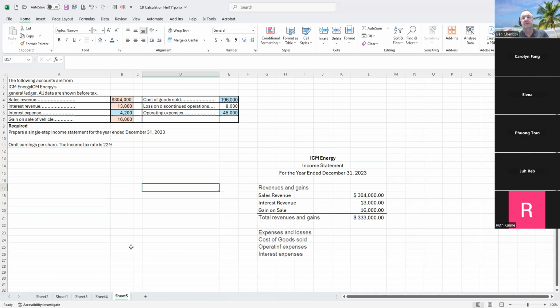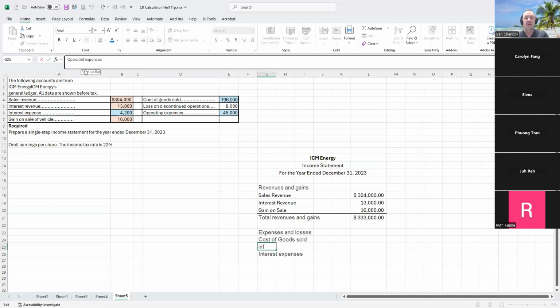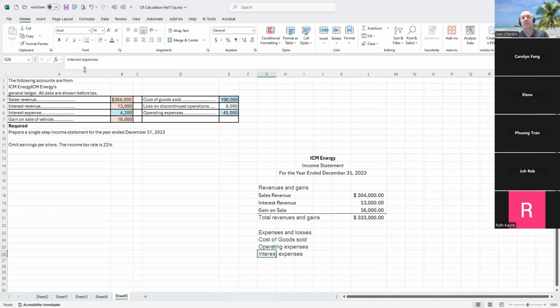So since we have cost of goods sold, operating expenses, what will be my last expense here, which we'll have to pay next year again and again and again? What do you think?